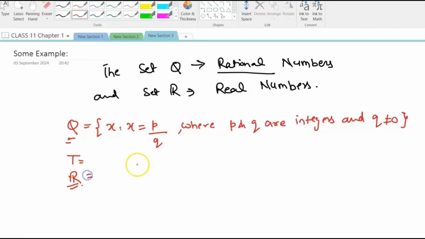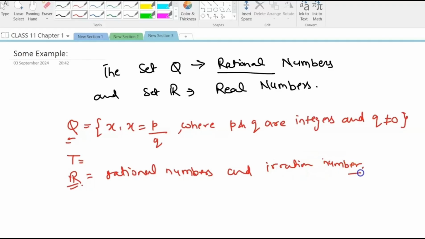So the set of real numbers is nothing but rational numbers and irrational numbers. Both together form the set of real numbers.